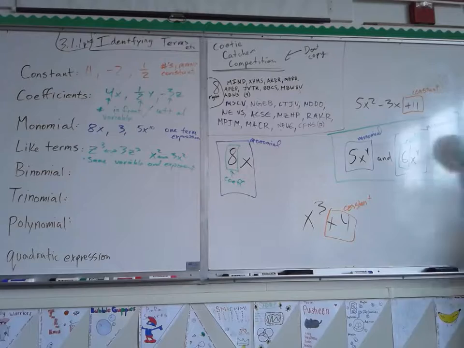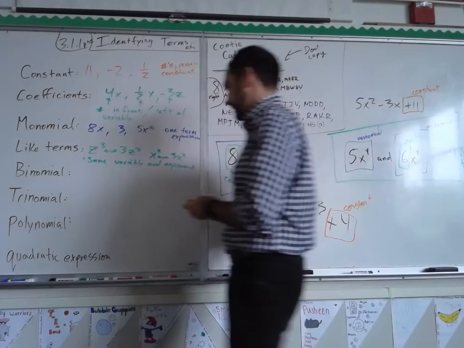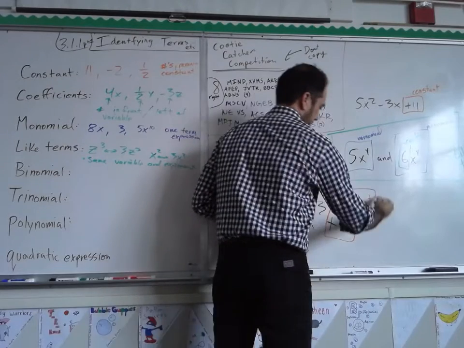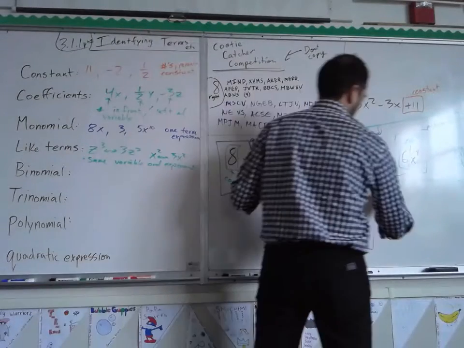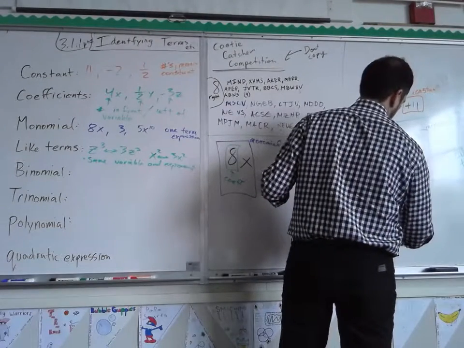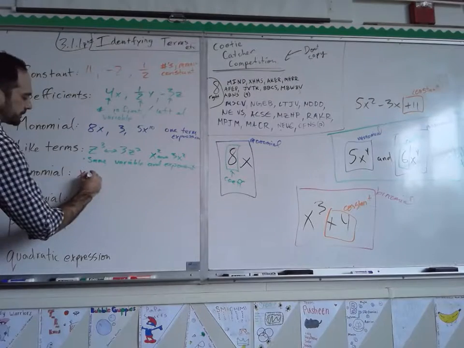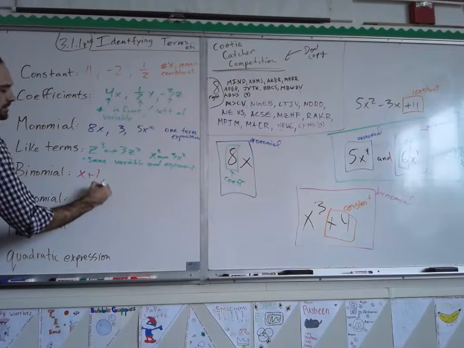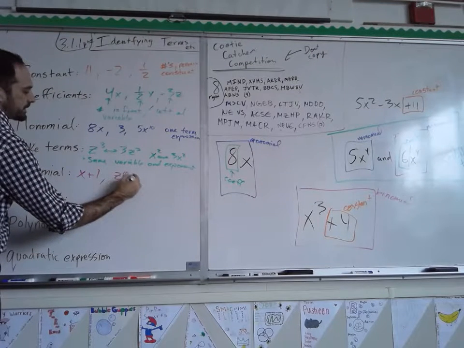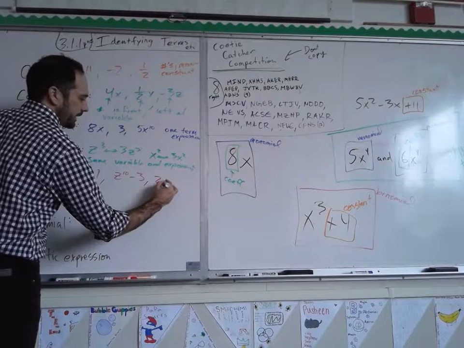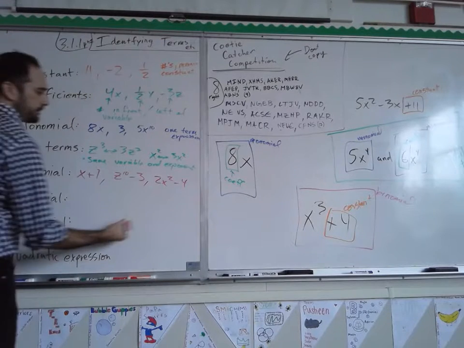All right, let's change color. Binomial. So it just has two terms. X plus 1, c to the 10th minus 3. Could be any variable, any coefficient. Doesn't matter. It just has to be two terms. 2x squared minus x.